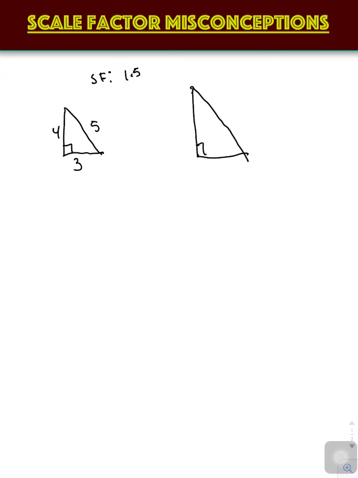Then each side length is multiplied by 1.5, which would make this 4.5, this 6, and this 7.5. So that is what we're doing with scale factor. Because they're the same shape but different sizes, they are similar shapes / similar figures.